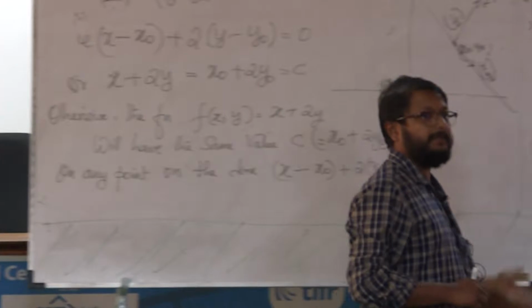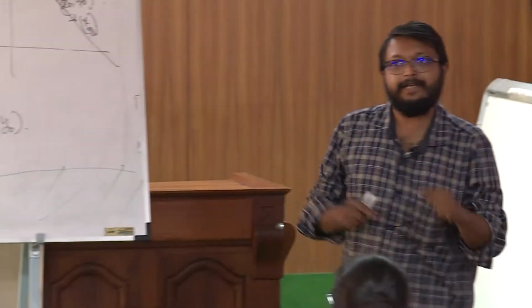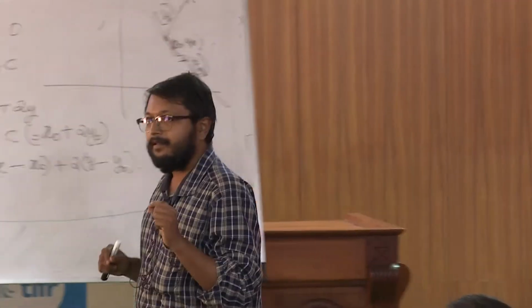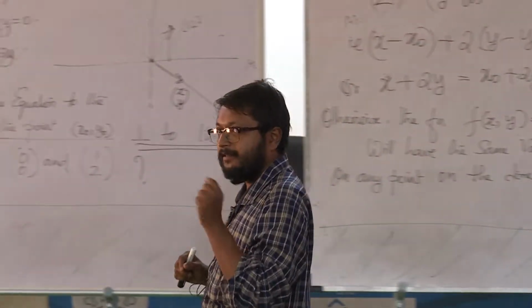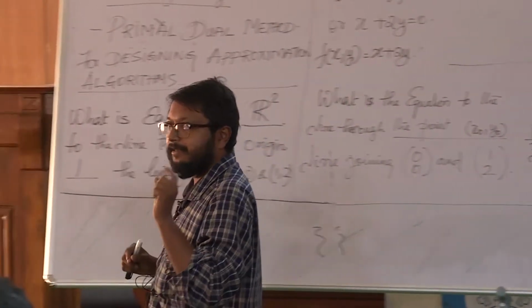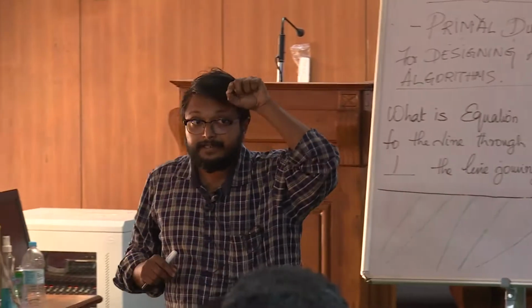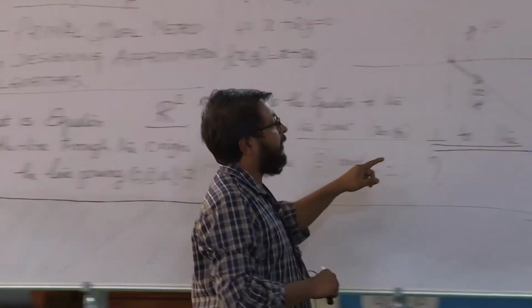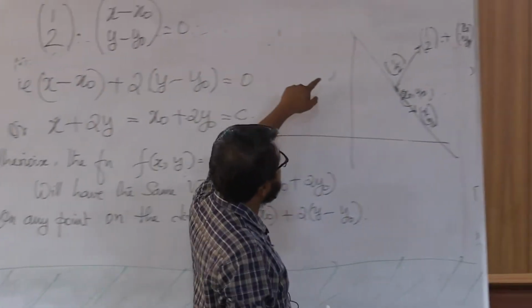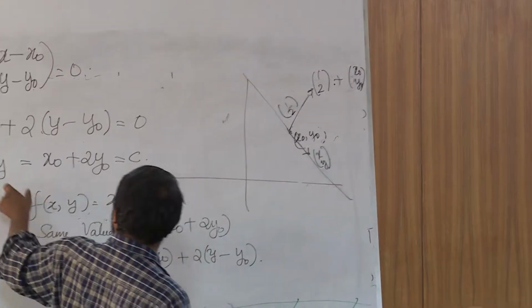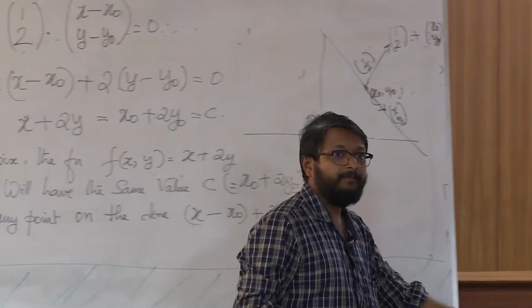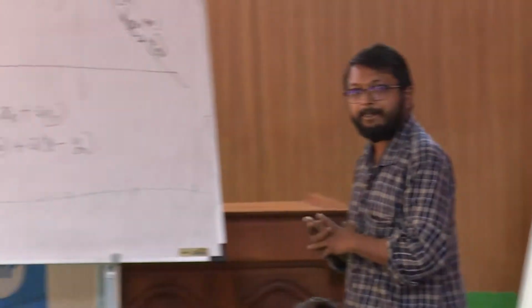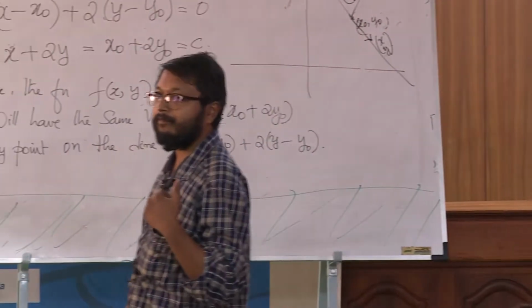Any line is actually defining what is known as the equicontour of a function. That means the set of points where a particular linear function takes the same value. Is this very clear? Okay.